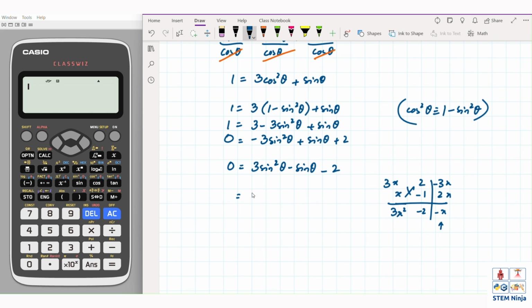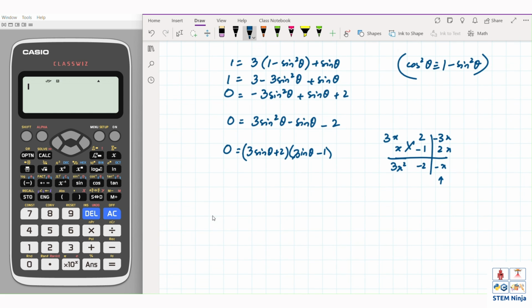So this simplifies to (3 sine theta + 2)(sine theta - 1) equal to 0. Now we solve these two factors. 3 sine theta + 2 = 0. Sine theta - 1 = 0. So sine theta is either -2/3 or sine theta is equal to 1.